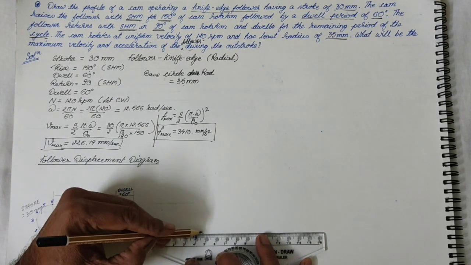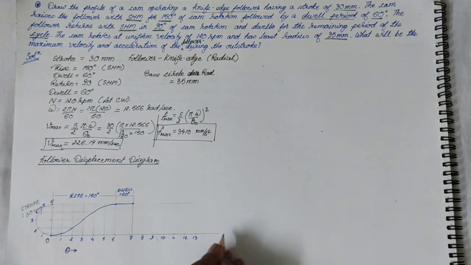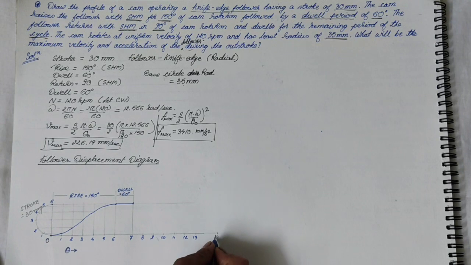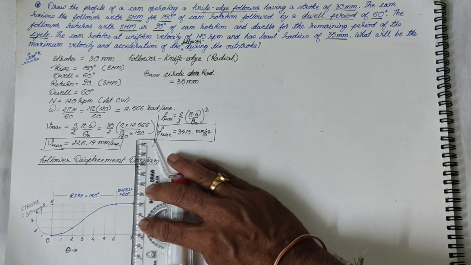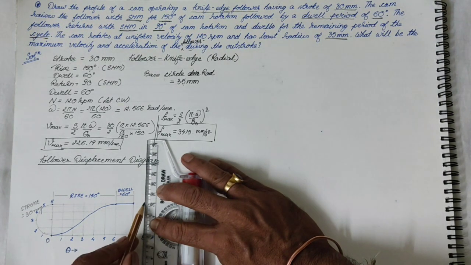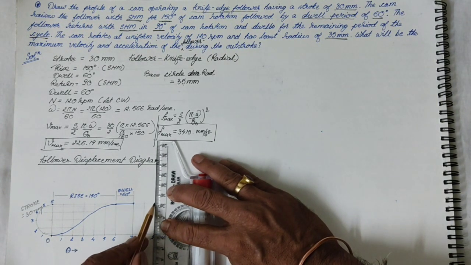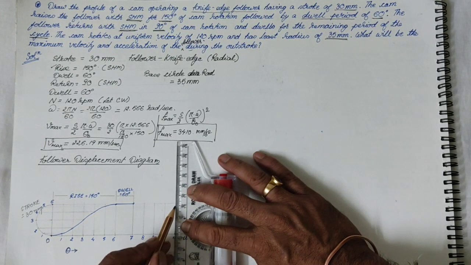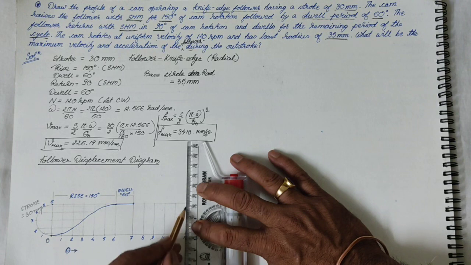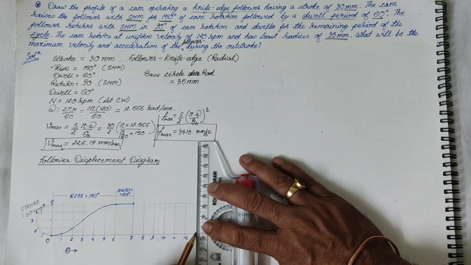So I show the remaining, which can again be any random length. So this will be the 14th, or the 0th again. Similarly, we again draw these vertical lines to get the return displacements of the follower.